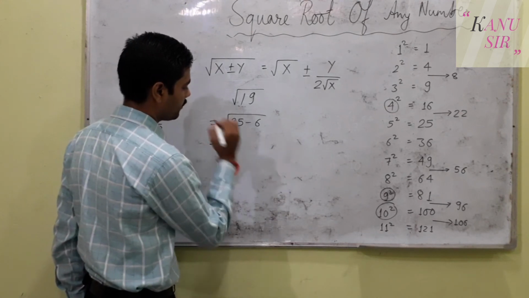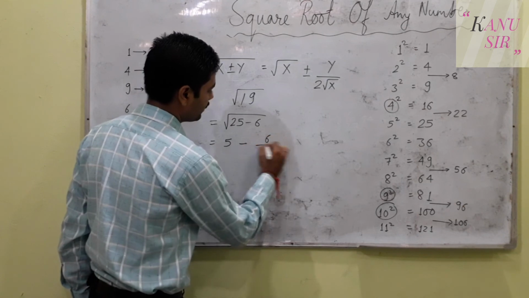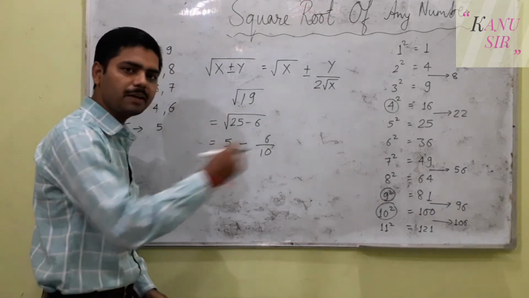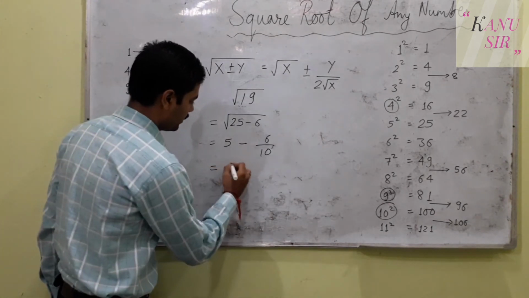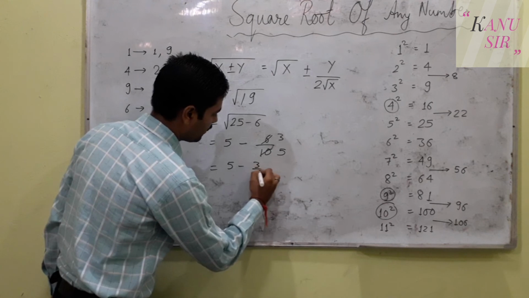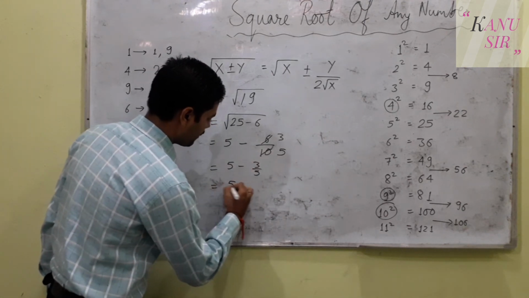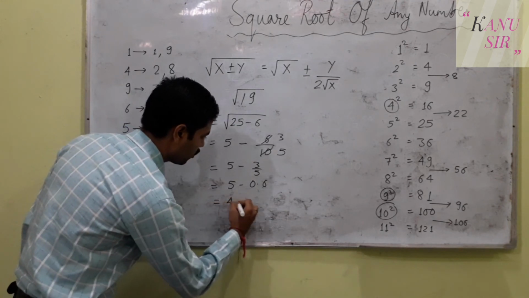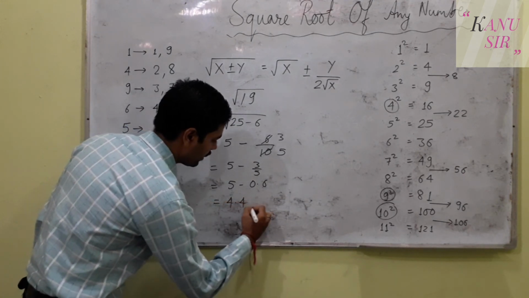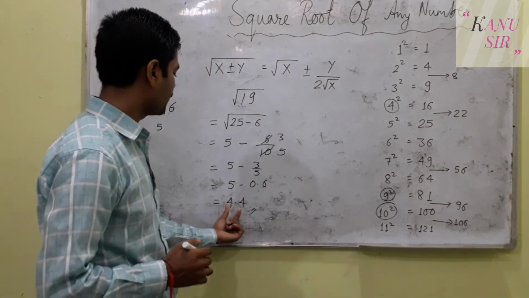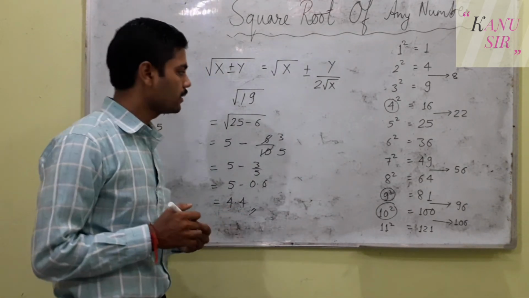So the answer is 5 minus 6 over 5 times 2, which is 10. Directly using the formula, speed up your practice now. And 5 minus, 2 3s are 6, 2 5s are 10, we get 3 by 5. It means 5 minus 0.6, and hence the answer is 4.4, and you can check your calculator. You'll find the answer nearer to 4.4.